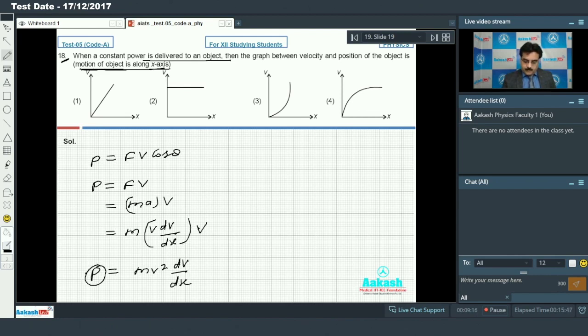Because power is constant, if I write like this, P upon m is equal to v square dv over dx.